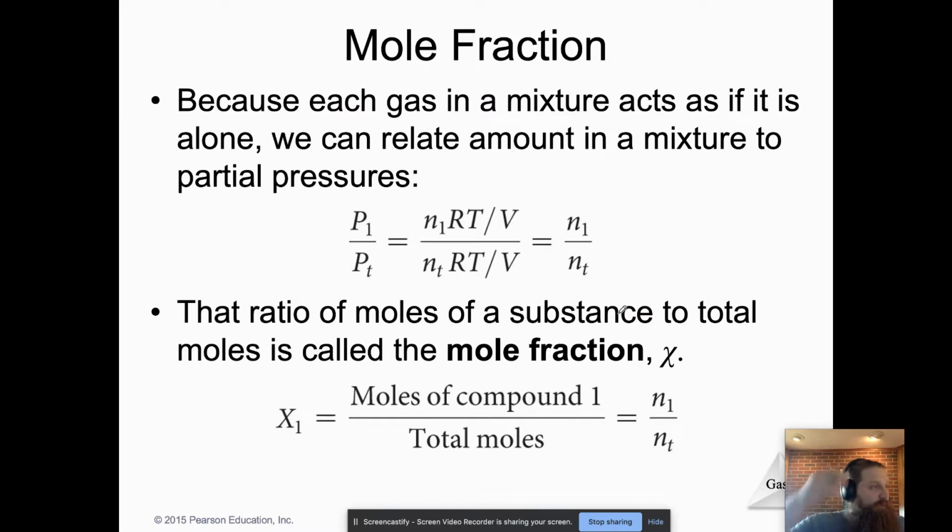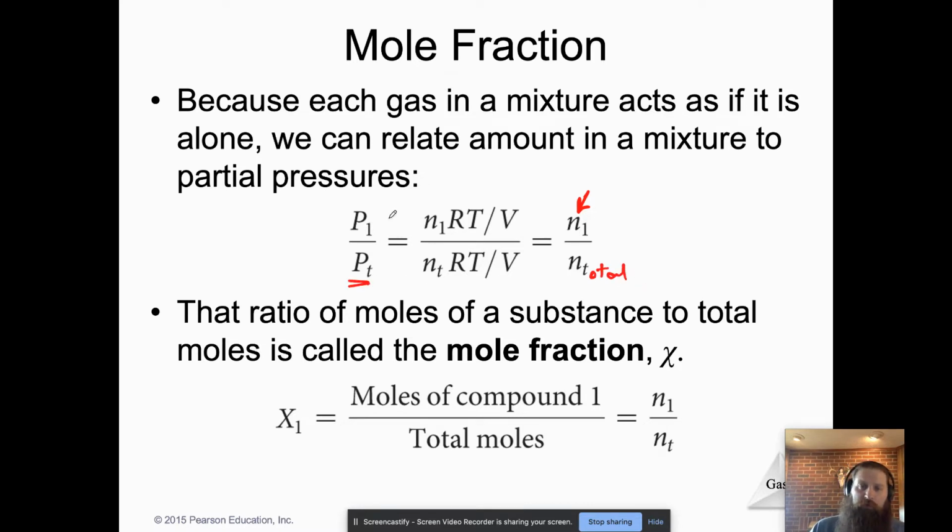So moving on. Some other things that we can do from PV equals nRT is calculate what's called the mole fraction. Since those inert gases, those gases that are not reacting, are acting as if they're alone, we can relate the amount in the mixture to their partial pressures, amount in this case being n. So I have the n1, this is the gas I'm looking for, over the n total, the total number of moles.